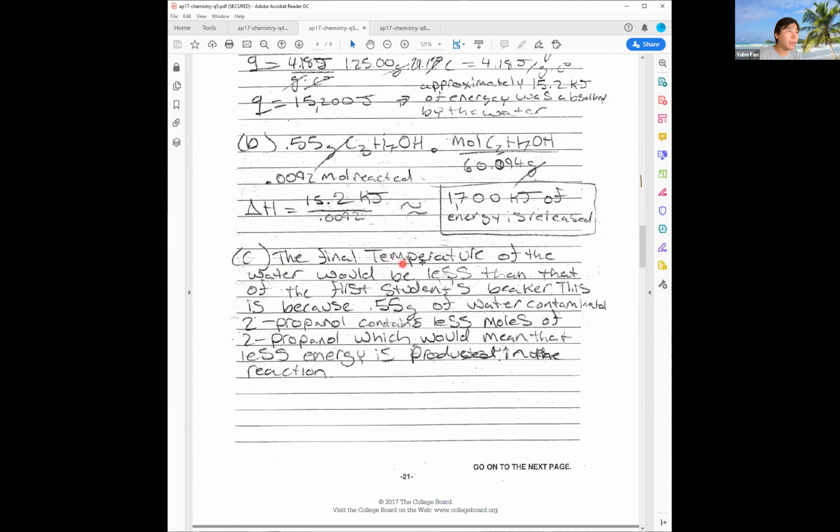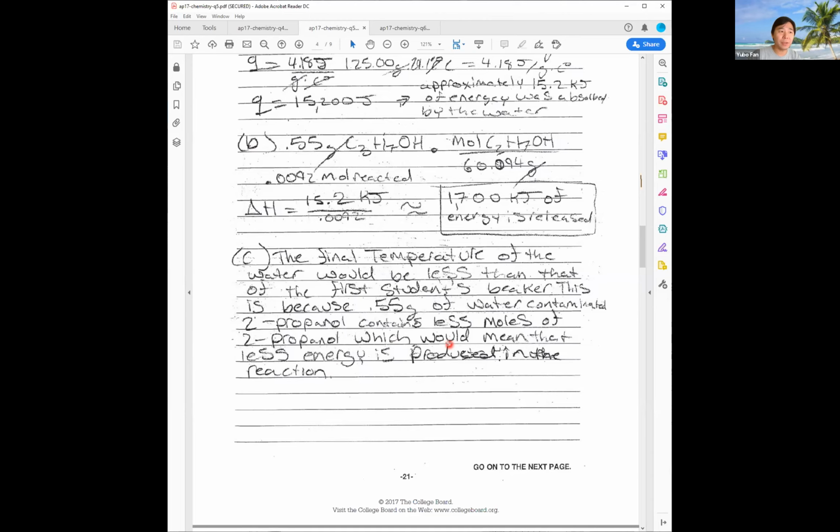The final temperature of the water would be less than that of the first student's experiment. This is because 0.55 gram of water contaminated alcohol contains fewer moles. So again, this explanation is not good. I explained that already.